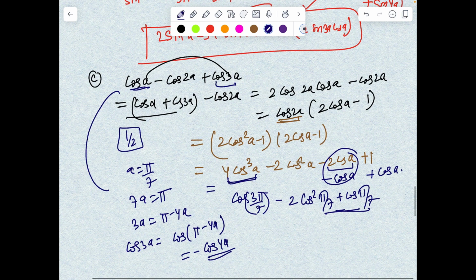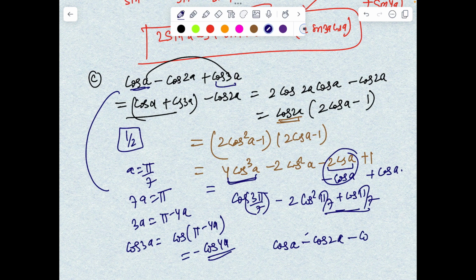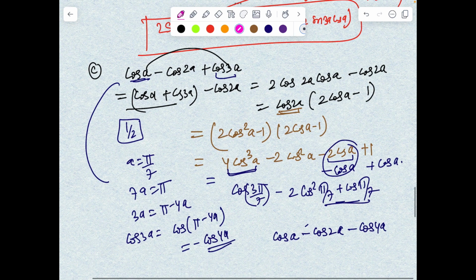ठीक है. सिमिलरली cos a को अगर हम cos a ही रहने दें तो we have cos a, ठीक है, and minus cos 2a and minus cos 4a, because it's always wise to write in terms of trigonometric form with common difference. तो अब यहाँ पे तो common difference अपना 2 आ गया, बट यहाँ पे common difference है, so we'll try to again change cos a with a common difference of 2.